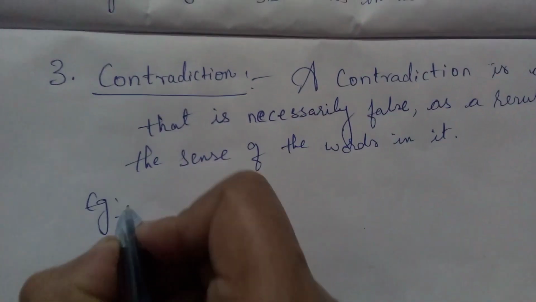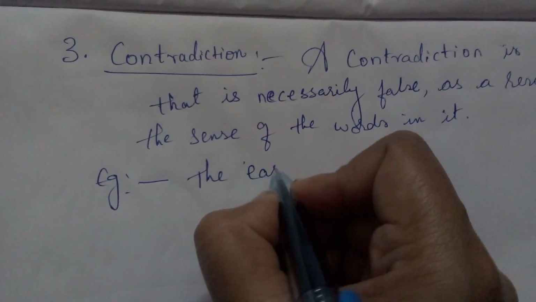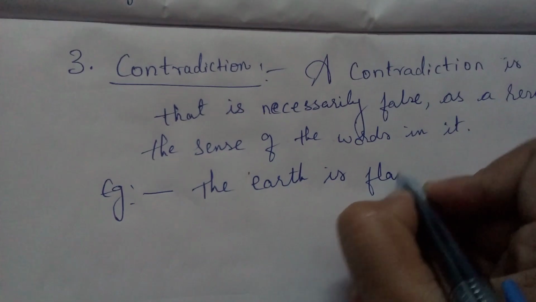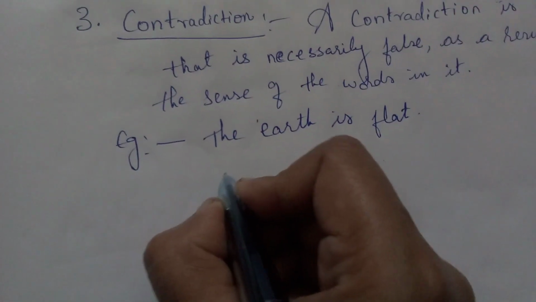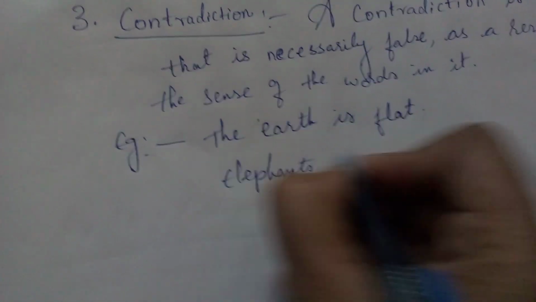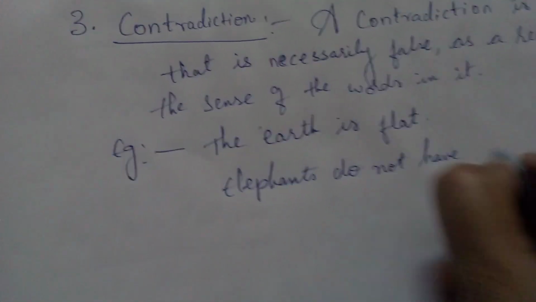Example: the earth is flat. Next, elephants do not have tail.